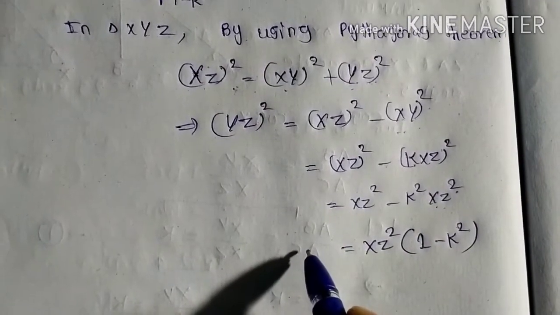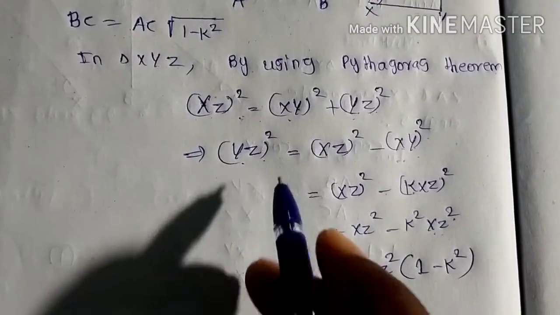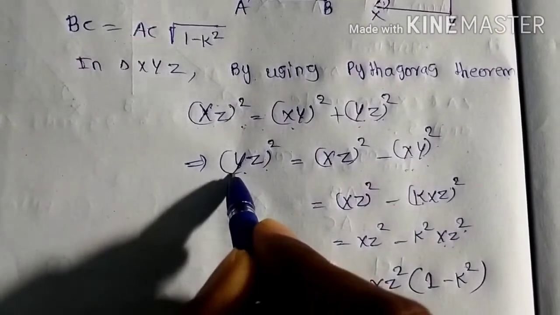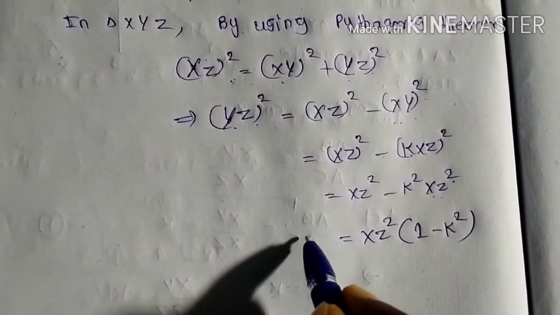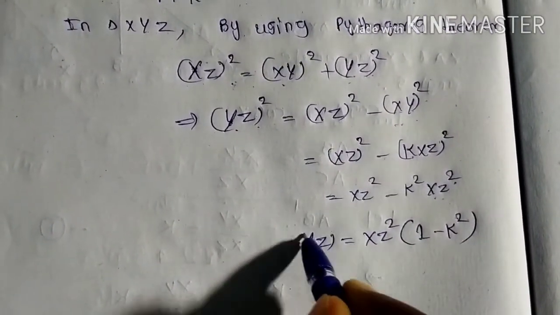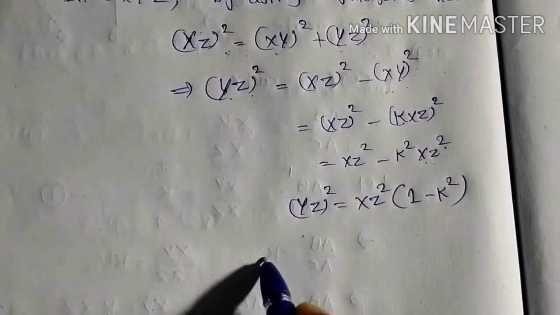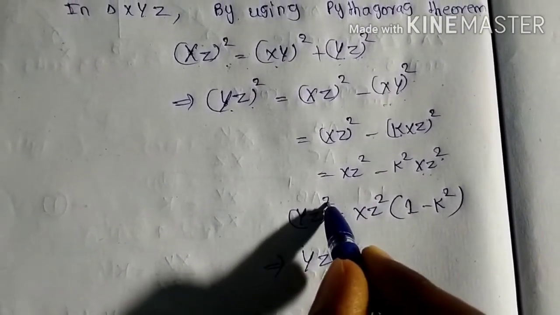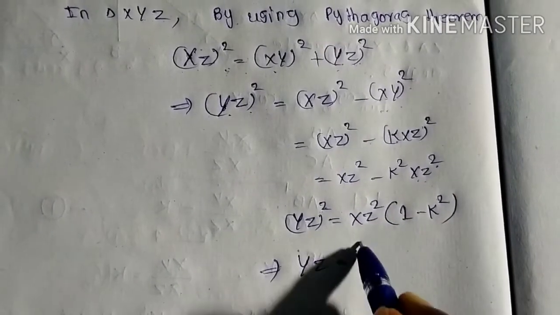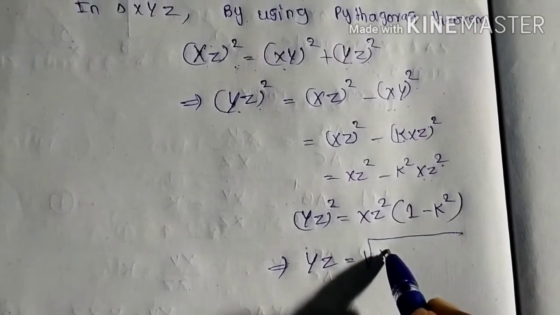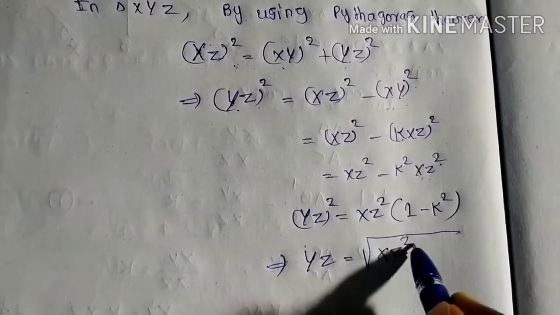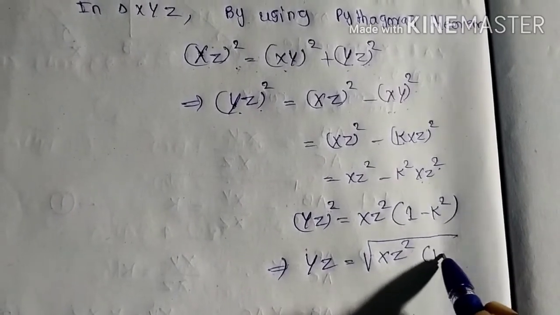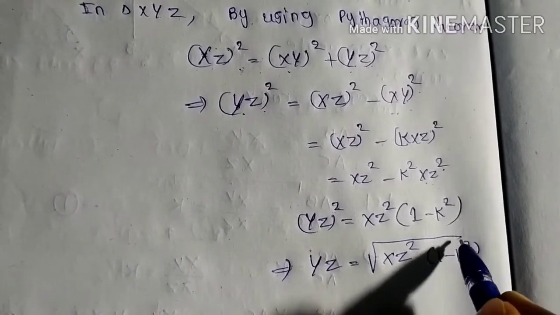This is equal to here YZ square. But I am finding only YZ. YZ means just the square will become a square root. You can write here square root XZ whole square into 1 minus K square.